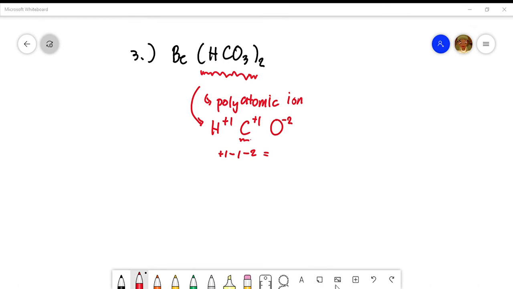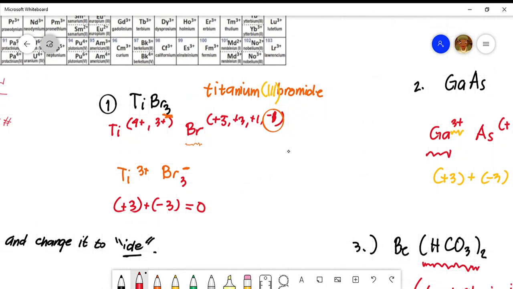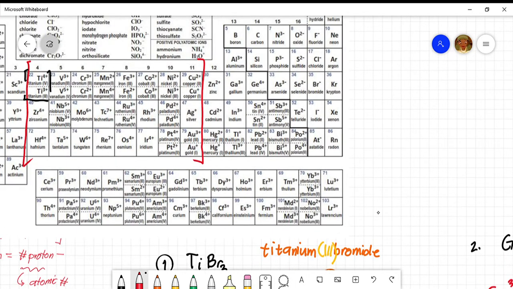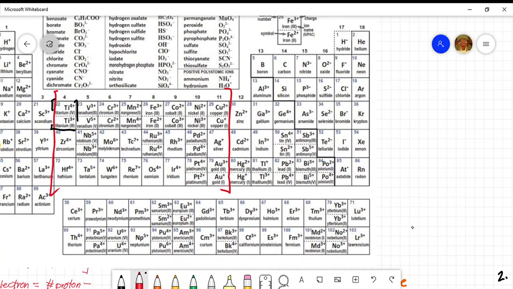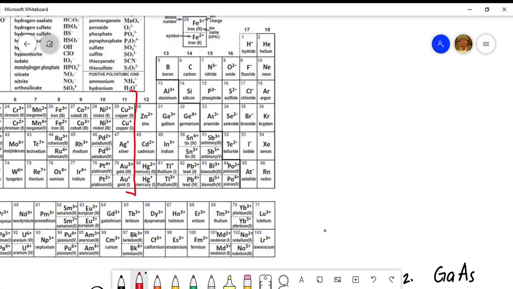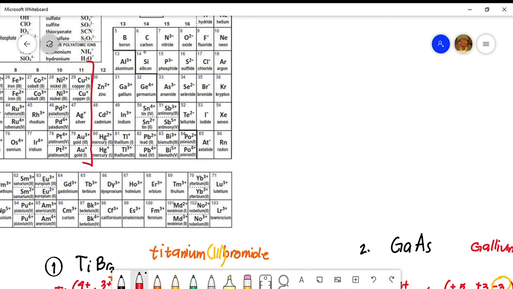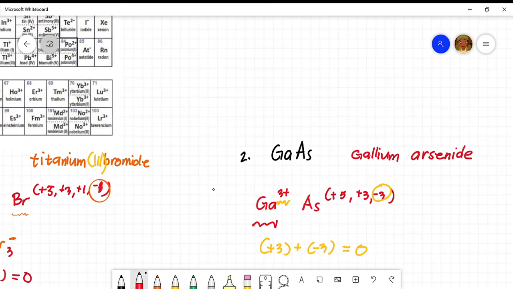If we check in our periodic table, it can take up different charges here in this very advanced periodic table. But if we check our periodic table of ions, C can have positive 1 charge.